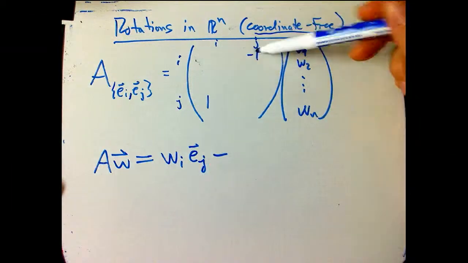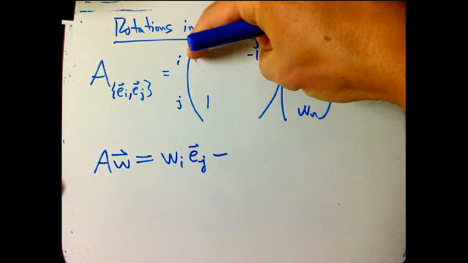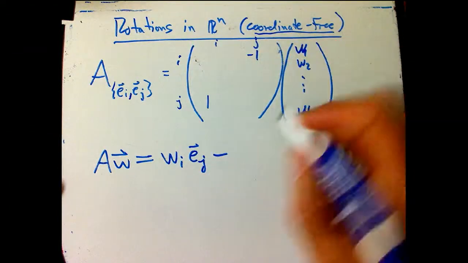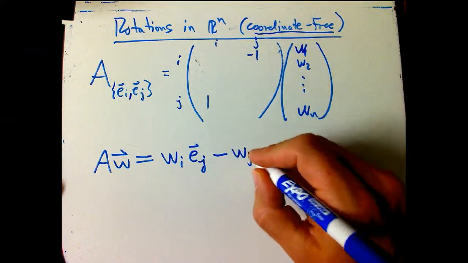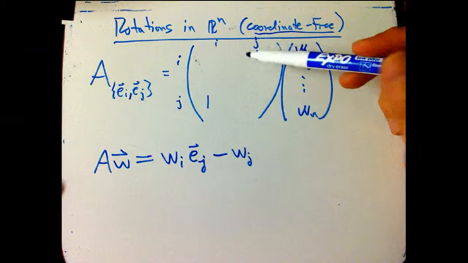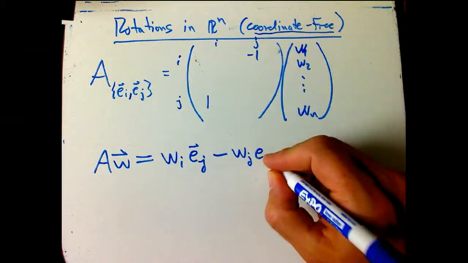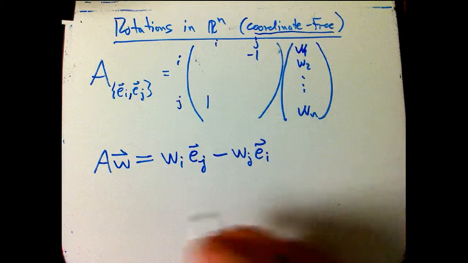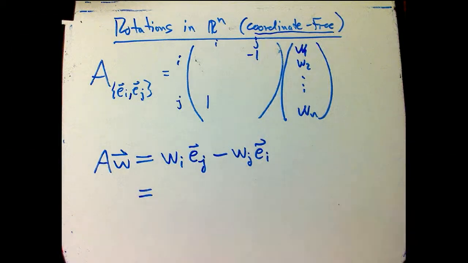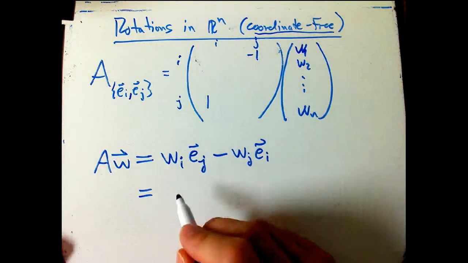Minus, okay, well, this guy is going to match, I like to picture it kind of rotating in. That's going to match the number in the jth position. But where's it going to show up? It's going to end up showing up in the ith row, or in other words, it's going to be a multiple of Ei. Now that might not look familiar yet, but let's write it in terms of a dot product.